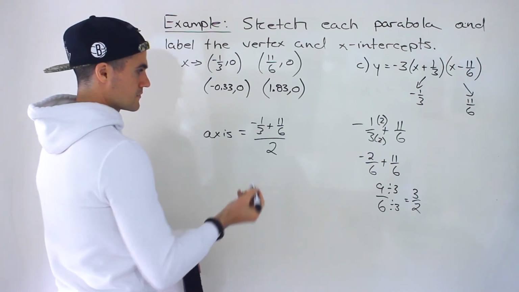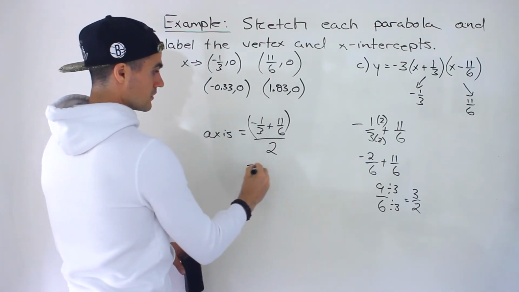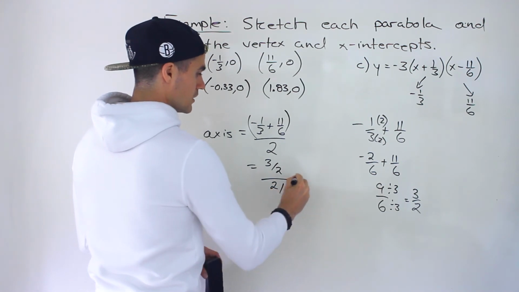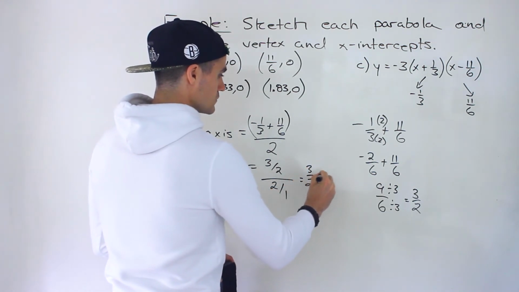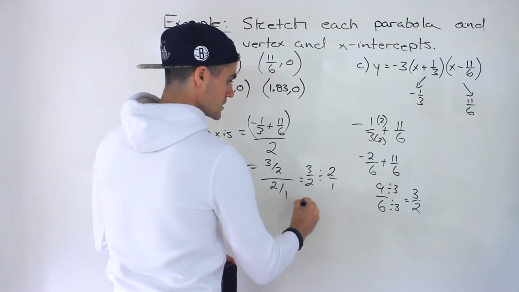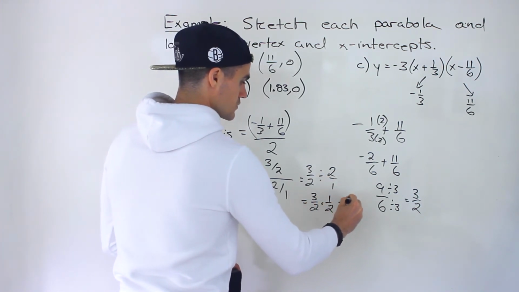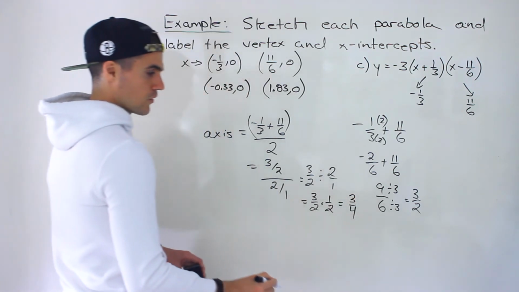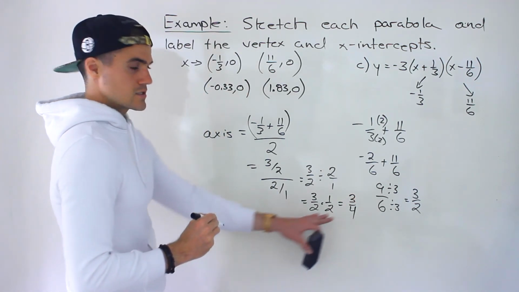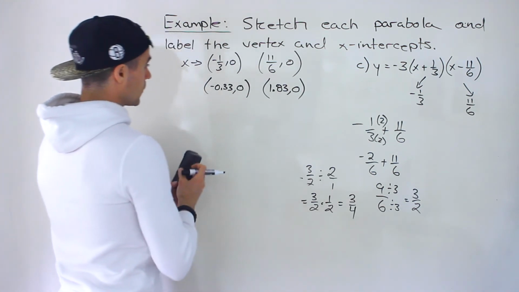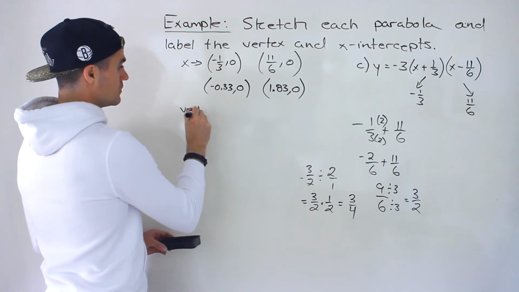So that's just the numerator. So 3/2 divided by 2/1 is like 3/2 times 1/2, which would give us 3/4.